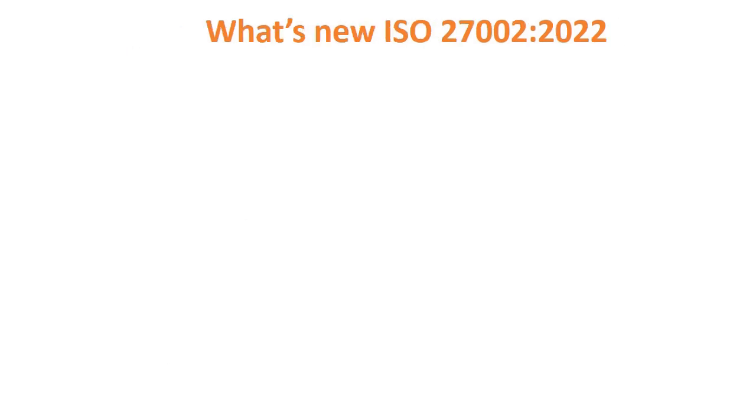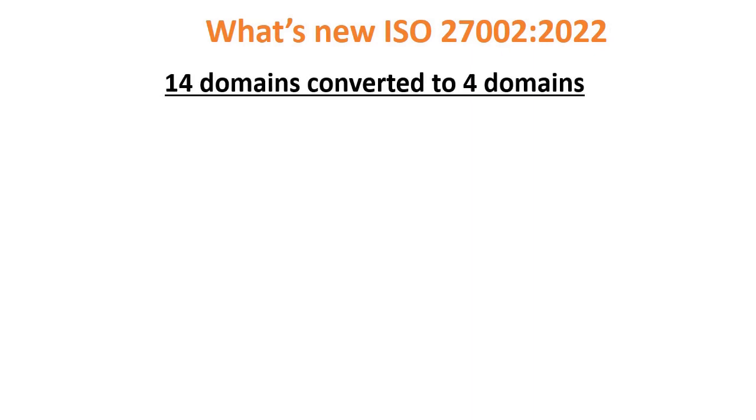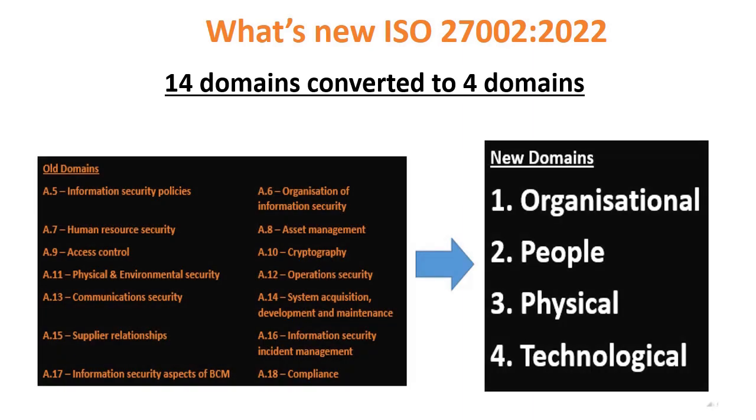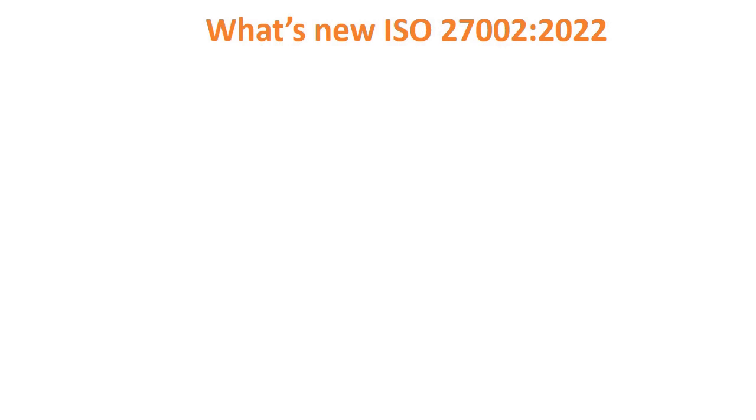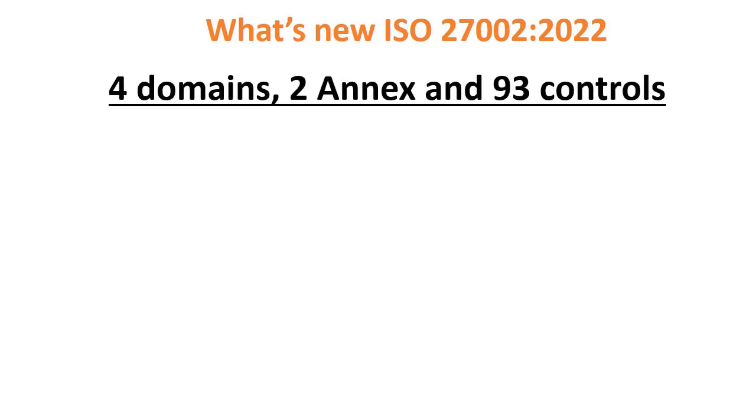The original 14 domains in Annexure A, starting from A.5 to A.18, and ISO 27002 are now converted to 4 domains: organization controls, people controls, physical controls, and technological controls. So the new ISO 27002 will now have 4 domains, 2 annexures, and a total of 93 controls.